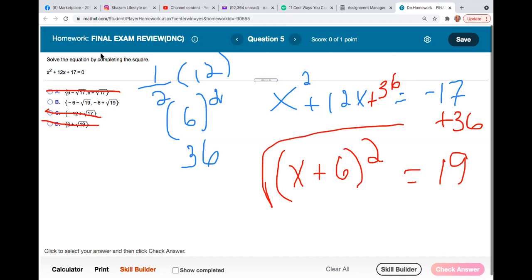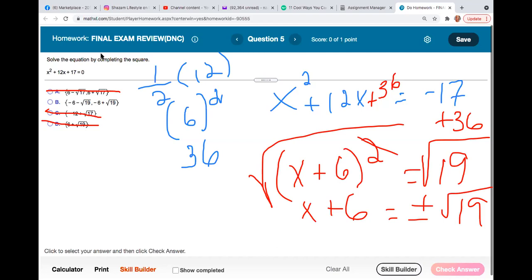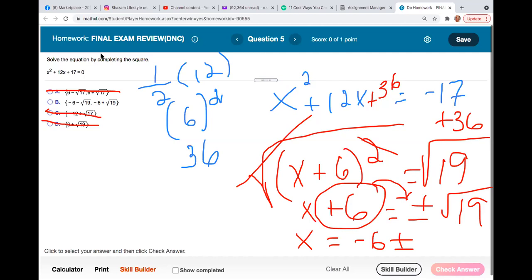Take the square root of both sides because you're trying to solve for x. So you end up with x plus 6 equals plus or minus the square root of 19 because the power cancels out the radical. And then the last step is to take that 6, move it over to the right side. So this will simplify to x is equal to negative 6 plus or minus the square root of 19. And that's it.